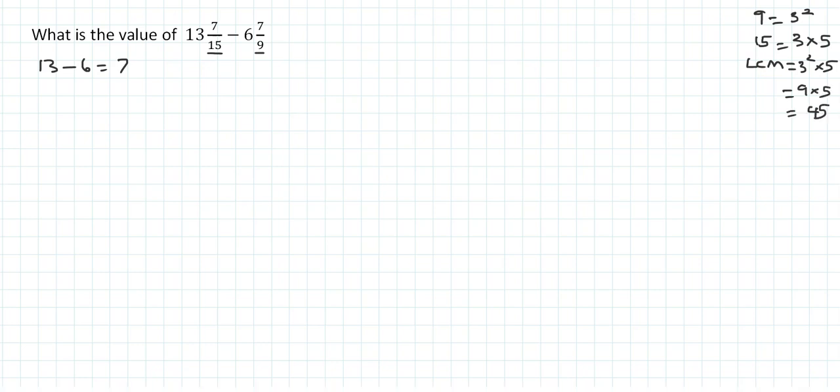So the next step is to rewrite each of these fractions so that they share the same least common denominator. So we have 7 over 15. We need to make it 45, so we multiply 15 by 3 and multiply 7 by 3.